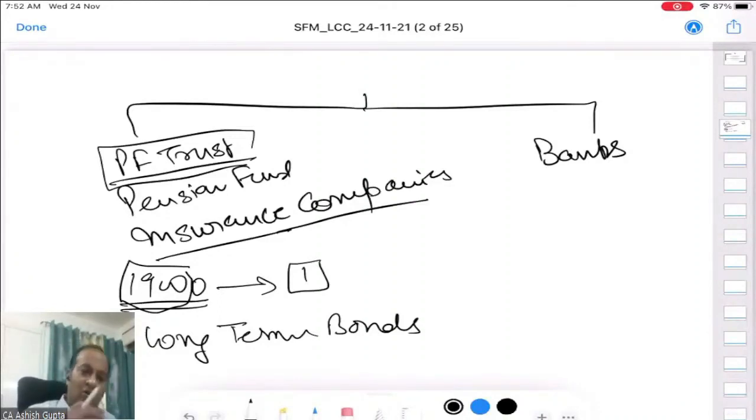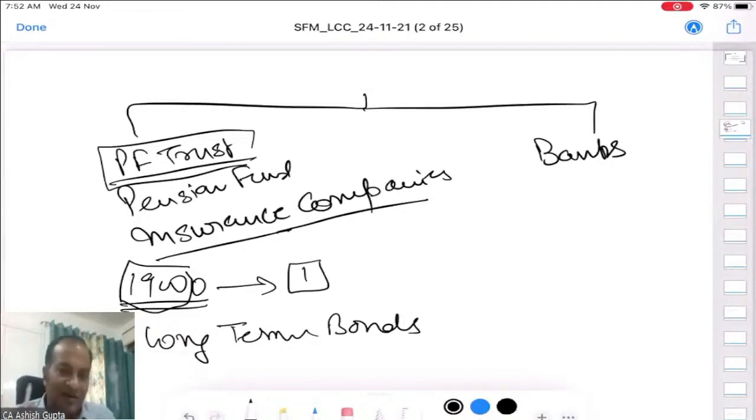So accordingly, we used to plan the investment. Mr. This will be retired on this date, and approximately this amount will be required. So accordingly, we used to manage our securities on that basis. At least this much of securities we should buy for the same period, so that at the time of retirement of Mr. X or Mrs. Y, we should have some money in our account.